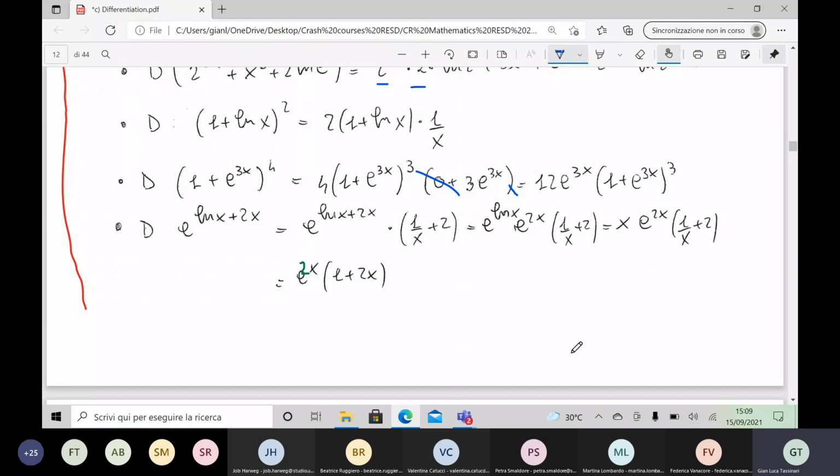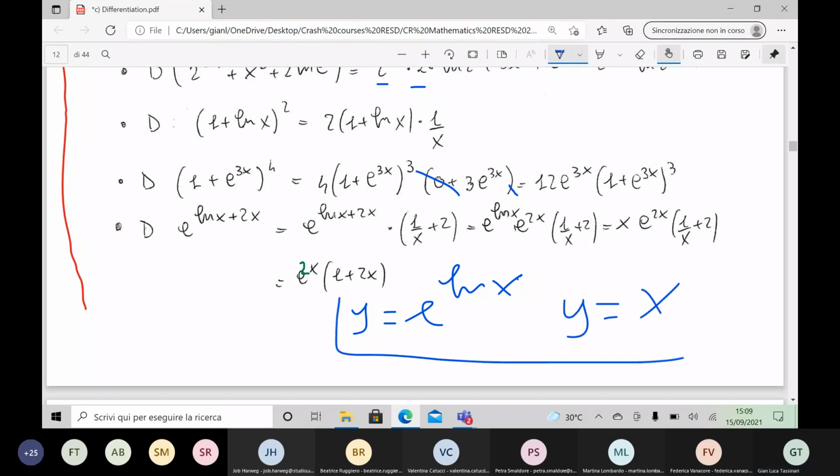A question that is not related to derivatives. Suppose I ask you, I told you that e to the power ln of x is equal to x.